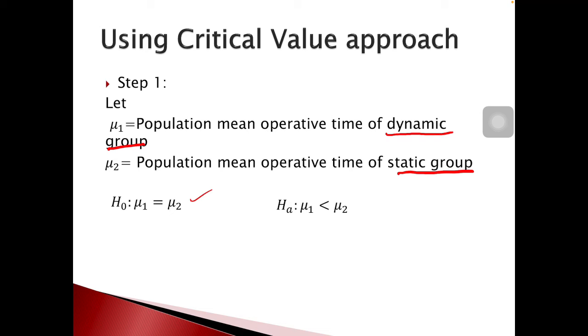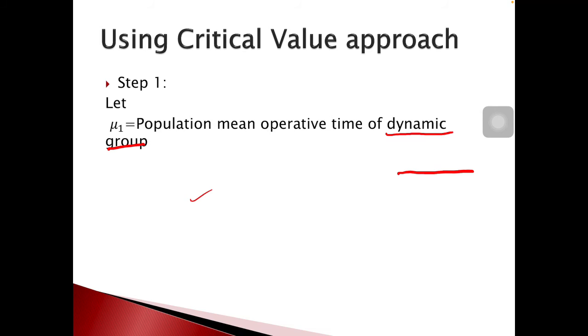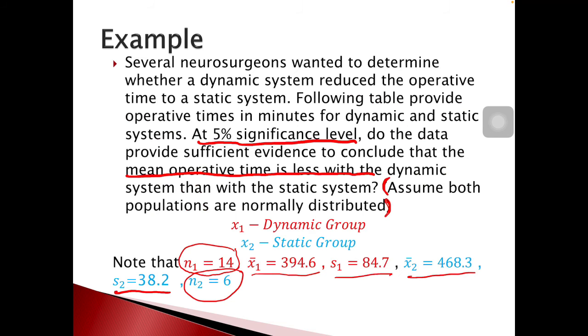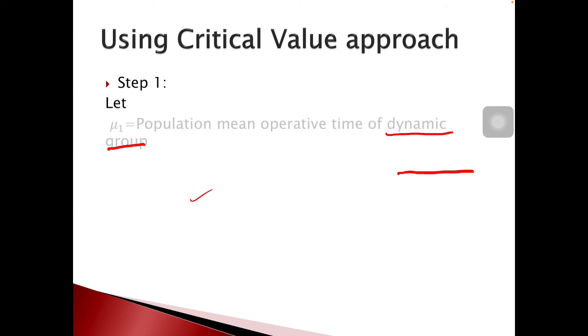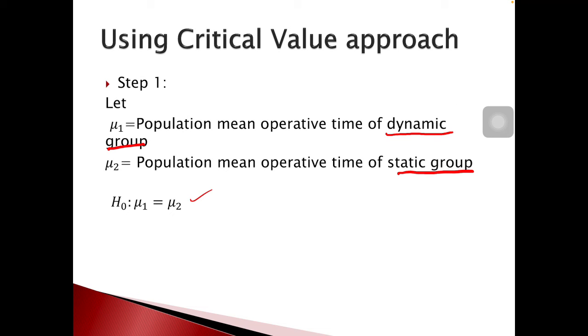Then my alternative hypothesis should be what they have mentioned. They need to conclude that the mean operative time is less with the dynamic system. So what should the alternative hypothesis be?